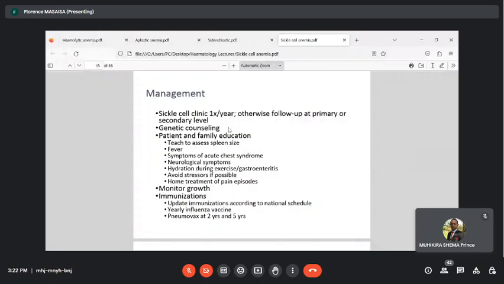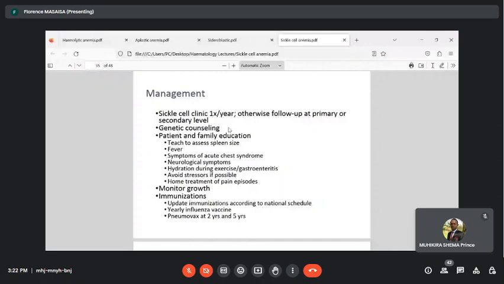If you find someone with sickle cell in the family, you need not stop there, but go on to do a deep analysis to find who is a carrier. So we contact-trace family members so that you decrease the rate of propagation by limiting the number of marriages among people with sickle cell trait and so on.